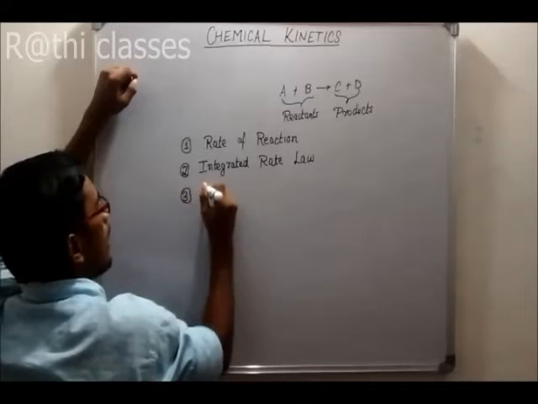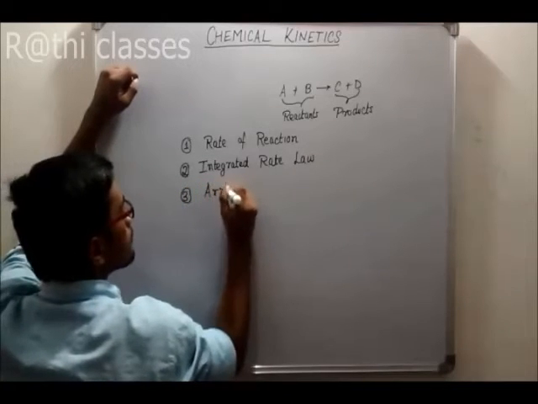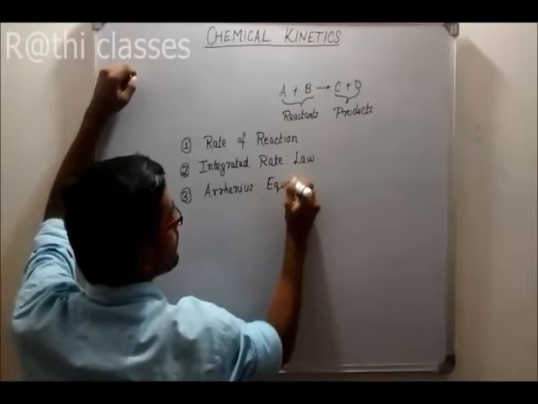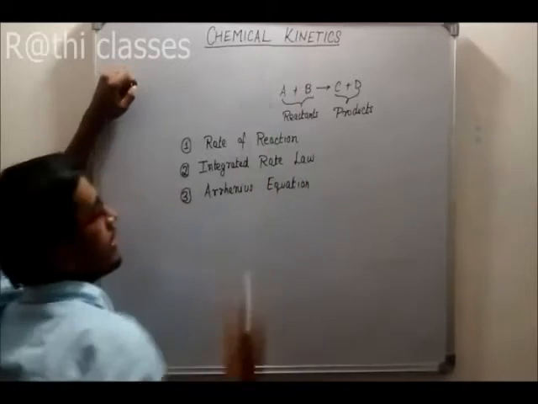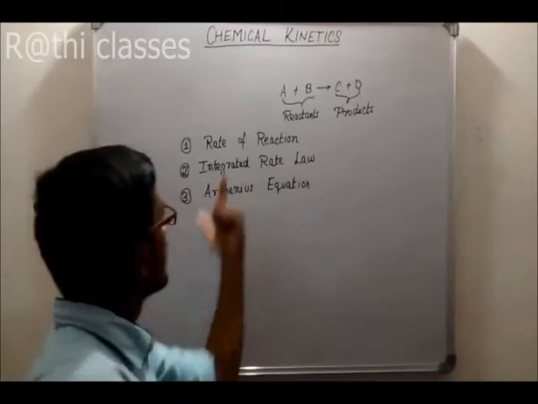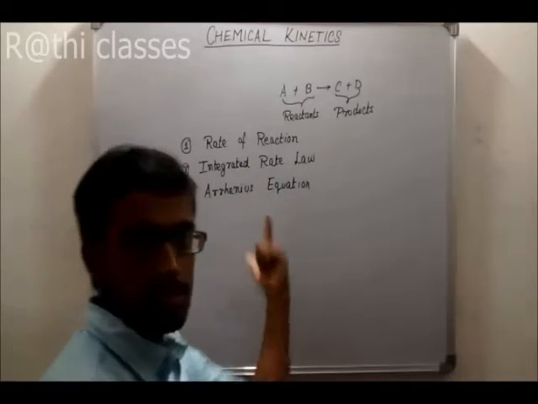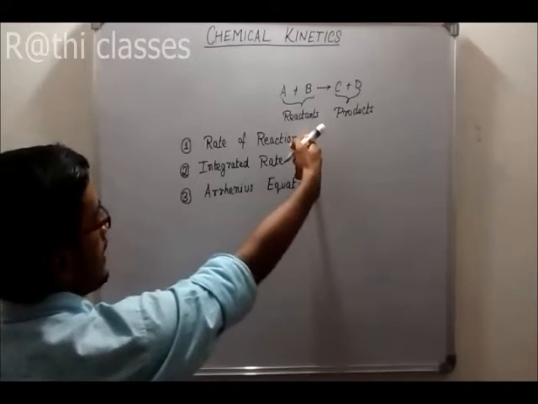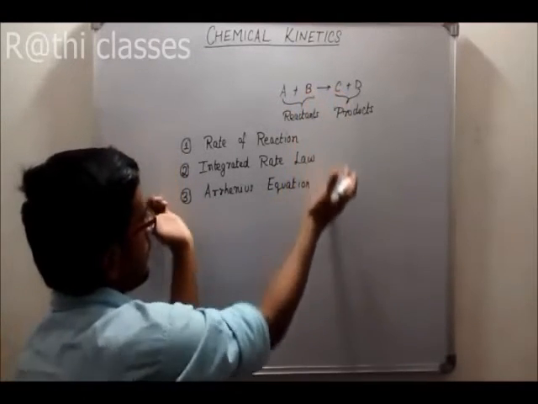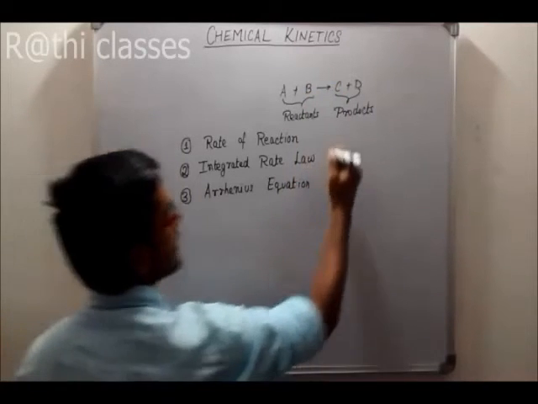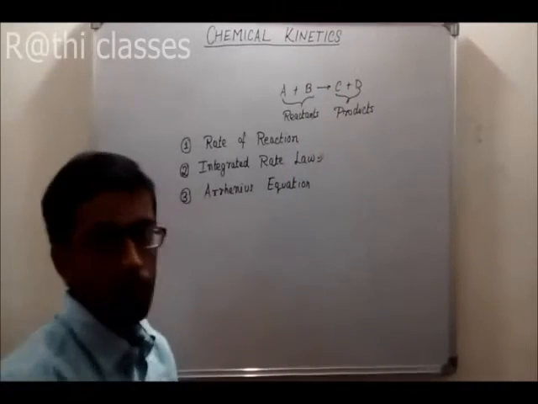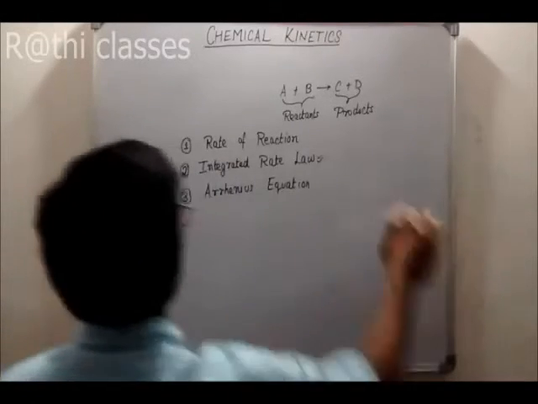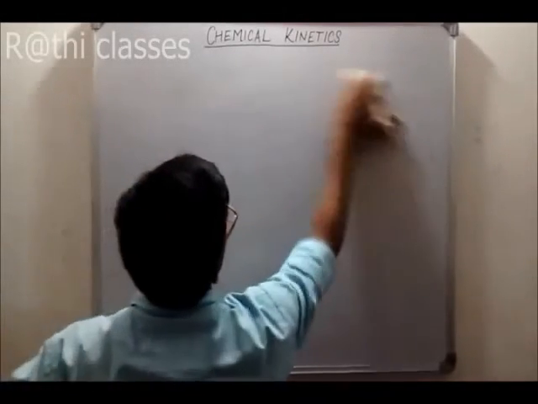And the last one is the Arrhenius equation. This rate of reaction is a tool to study this chapter further, and this integrated rate law is the most important section of this chapter. So, let's start with our first tool, which is the rate of reaction.